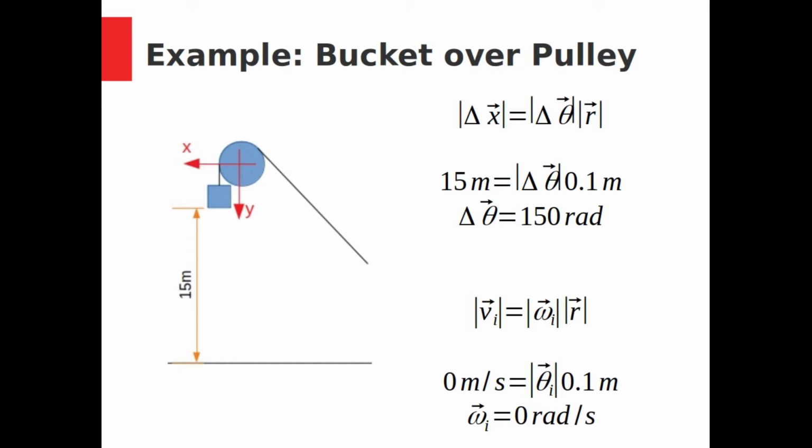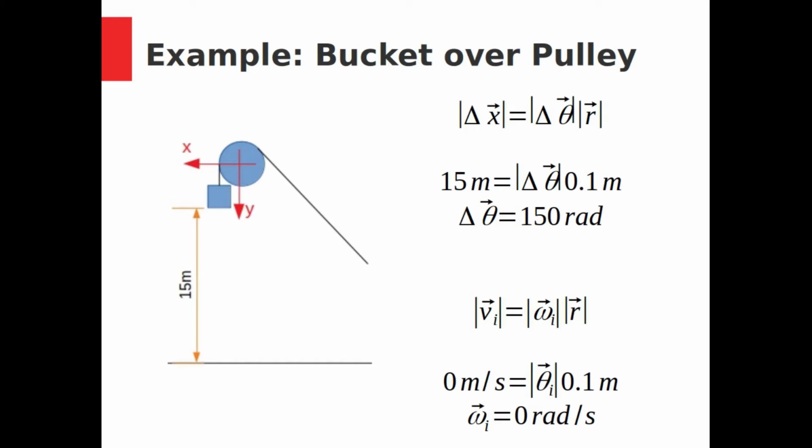First, we need to convert these into angular terms. The linear distance that the bucket travels is equal to the linear distance traveled by the rim of the pulley wheel. We need to turn this into an angular quantity. Plugging in what we know, we get delta theta equals 150 radians. It's positive since the rotation is counterclockwise.